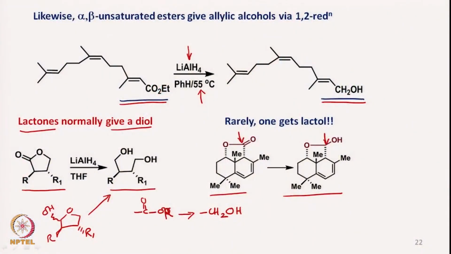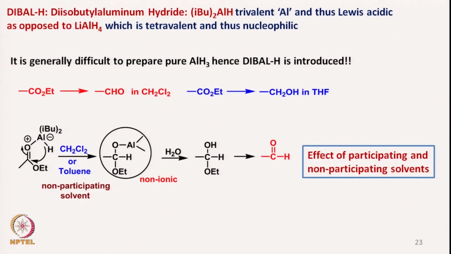Now before we proceed to that, I just wanted to show that the lithium aluminum hydride which we have used is an ionic reagent, in which the aluminum part is a negatively charged species, and the AlH4 species is basically a nucleophilic species.